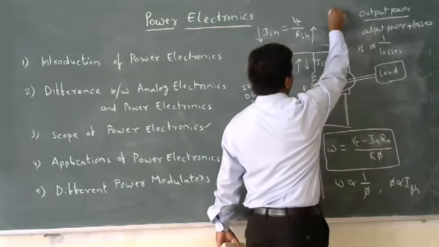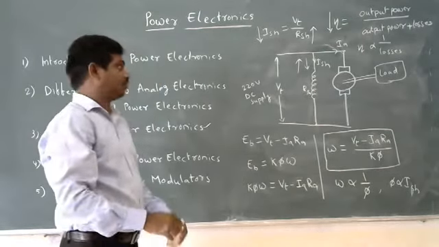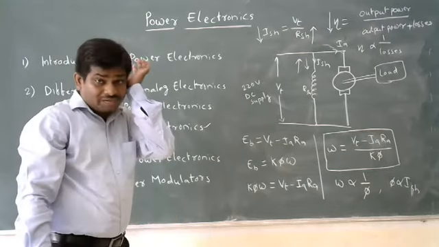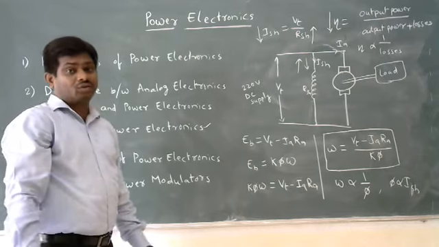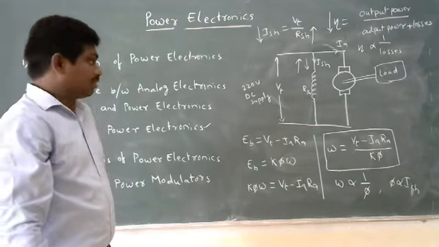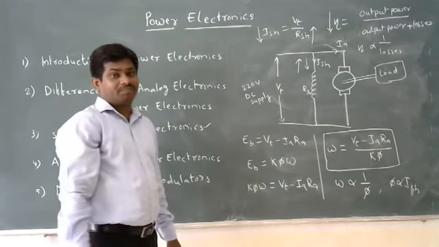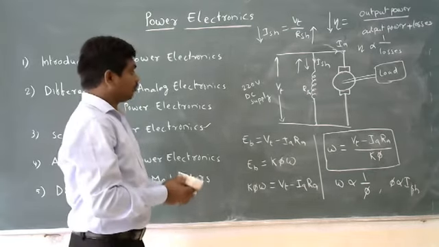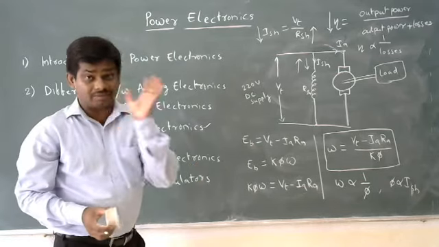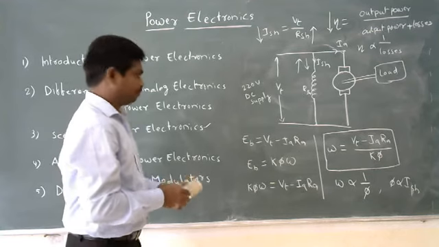Efficiency is also going to be reduced. This is the main disadvantage in the system. Thereby, we couldn't add the additional resistance to the existing resistance RSH. What do we have to do for varying the shunt current? Very simple. Here we are going to use one power electronic converter. When you use a power electronic converter, what will happen?